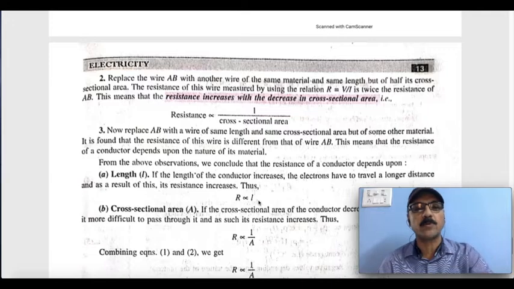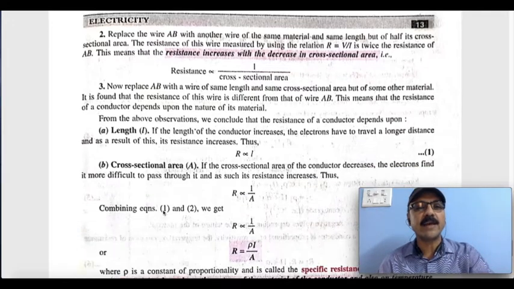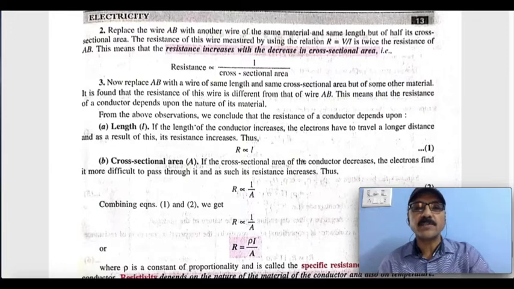R is directly proportional to L. Second, cross-sectional area: if the cross-sectional area of the conductor decreases, the electrons find it more difficult to pass through it, and as such its resistance increases. If the area increases, resistance decreases. If the area decreases, resistance increases. So resistance is inversely proportional to area.